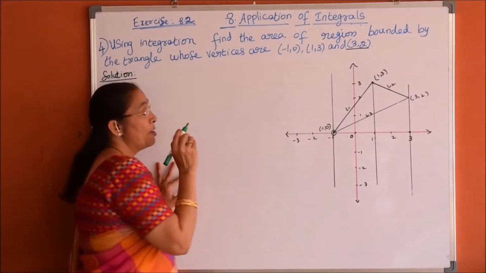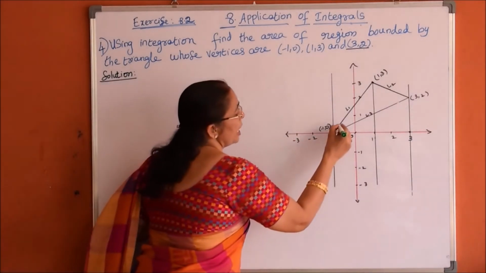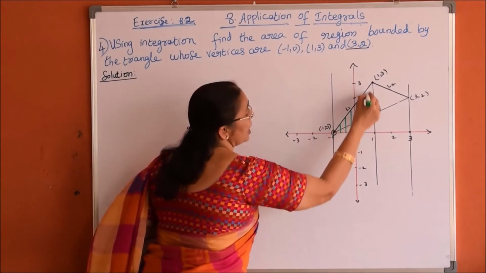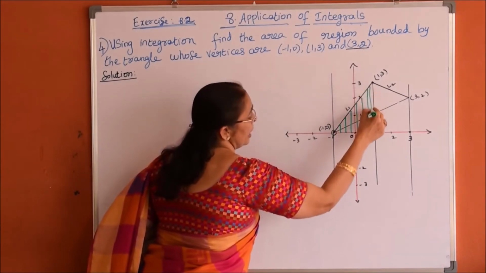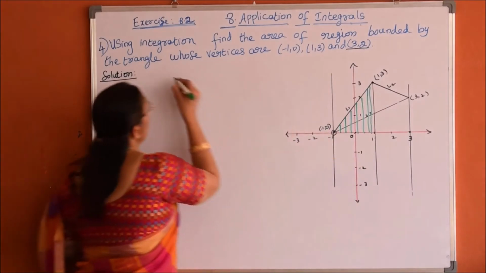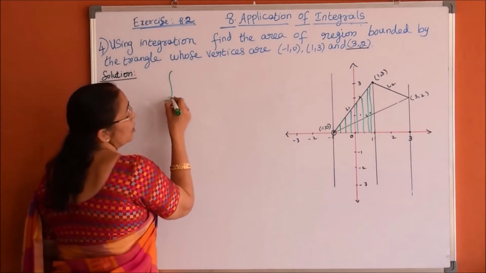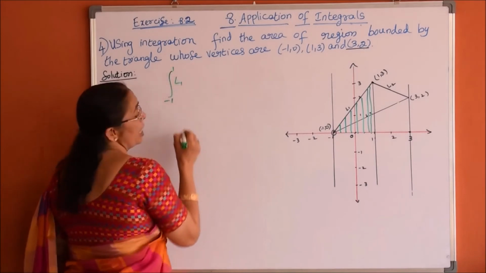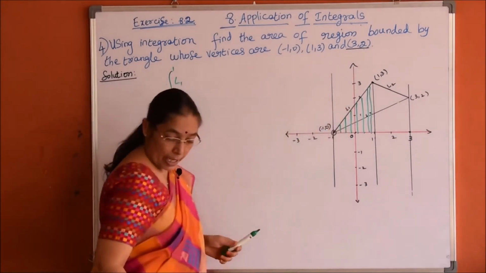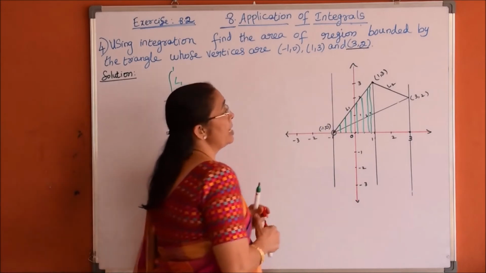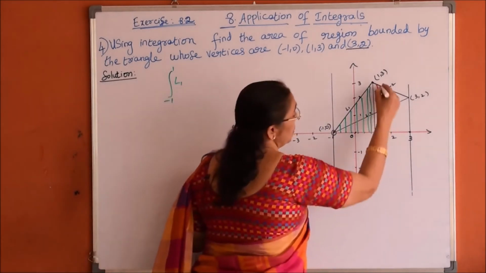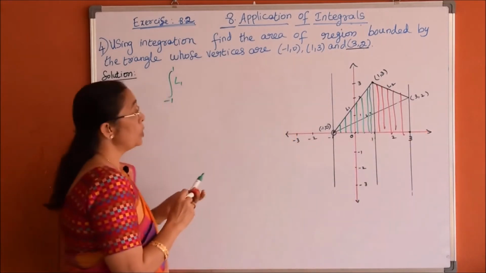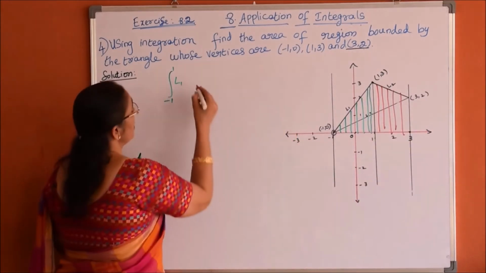So, our required area is the area covered by the line L1 in between the lines, integration of x is equal to minus 1 to plus 1 of line L1, plus the area covered by the line L2 in between the lines x is equal to 1 and x is equal to 3.